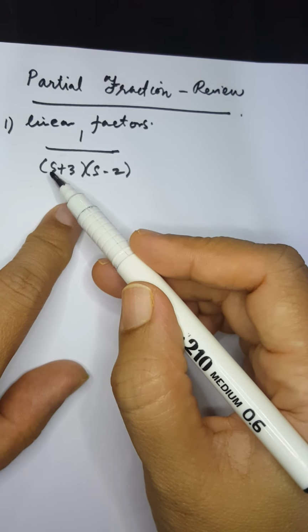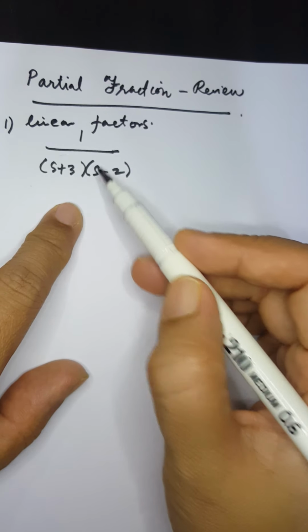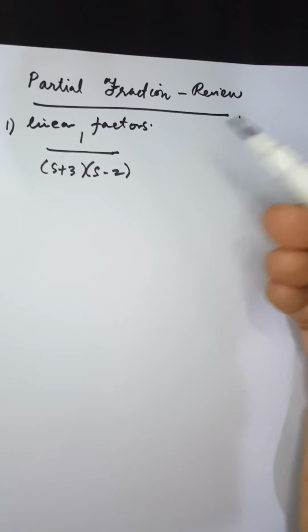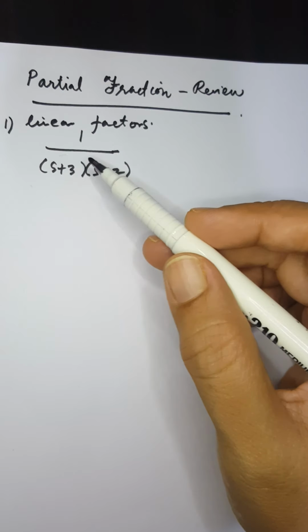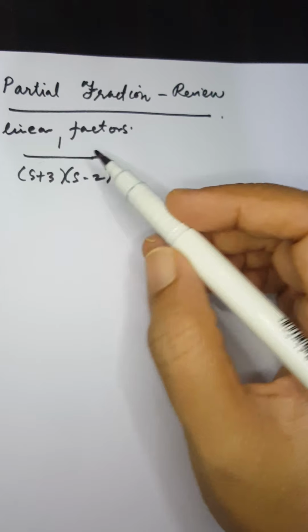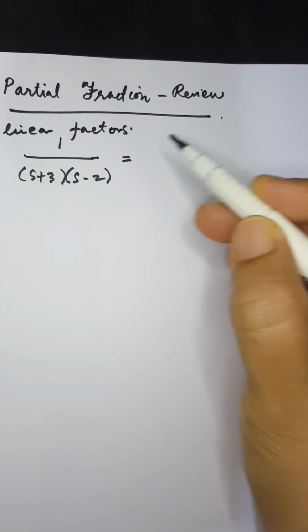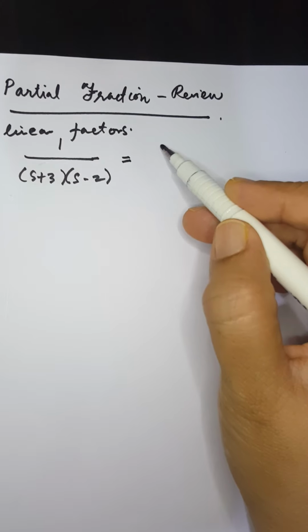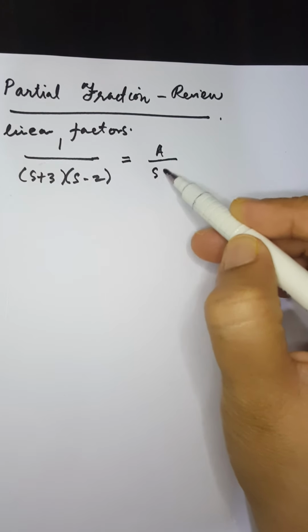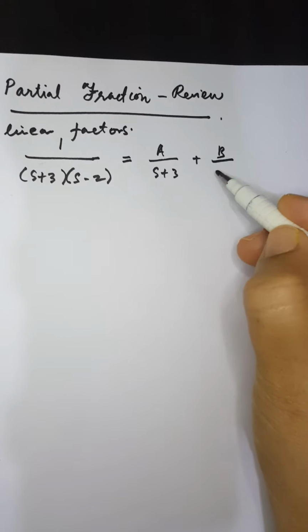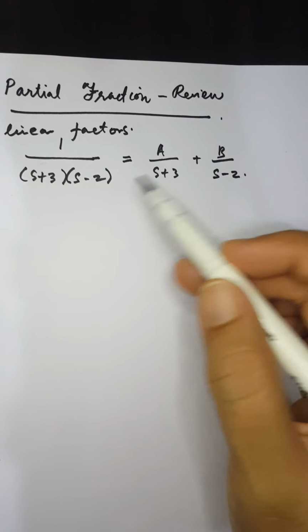The power of s is 1, so we call it linear. When we have linear factors, what do we need to do to modify this fraction? It becomes A over s plus 3 plus B over s minus 2. I believe you have remembered this.